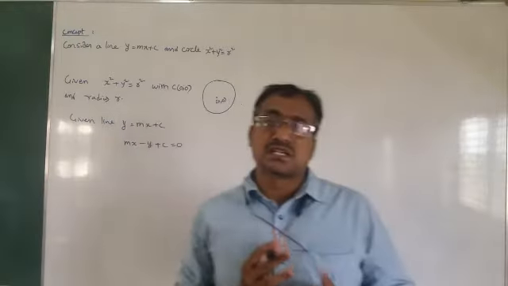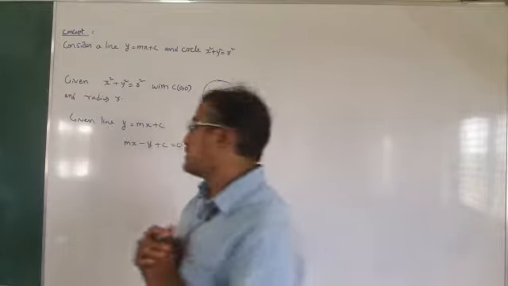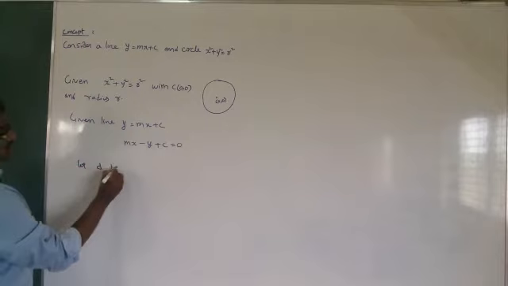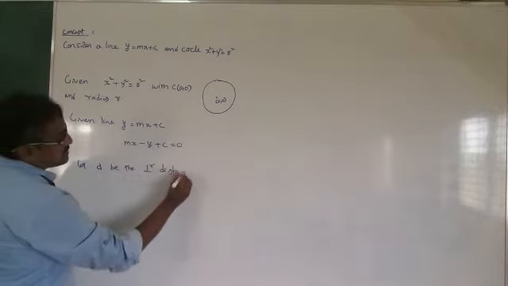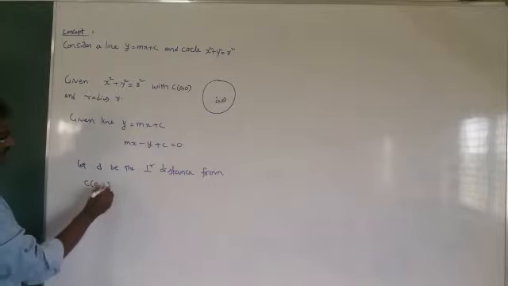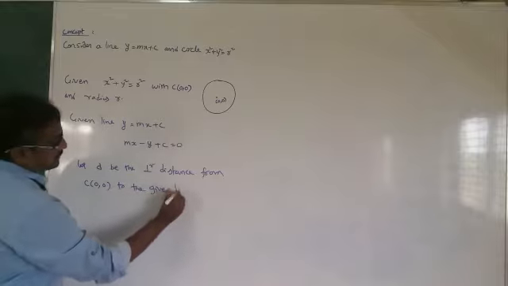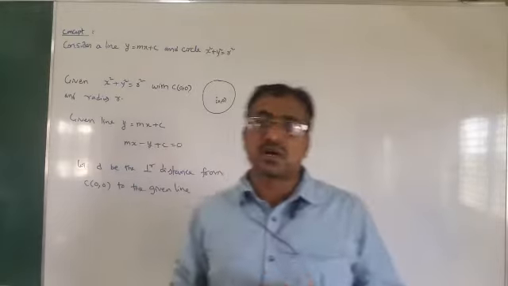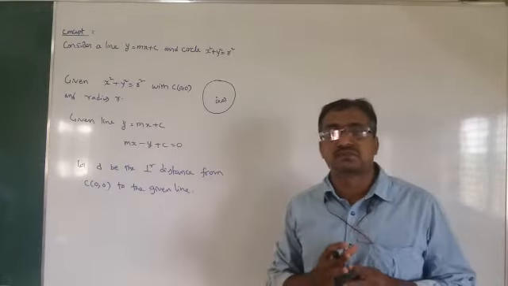Now let us consider the perpendicular distance from the center to that line. So let d be the perpendicular distance from C 0, 0 to the given line. Now perpendicular distance from origin to any line is mod c by root of a square plus b square.